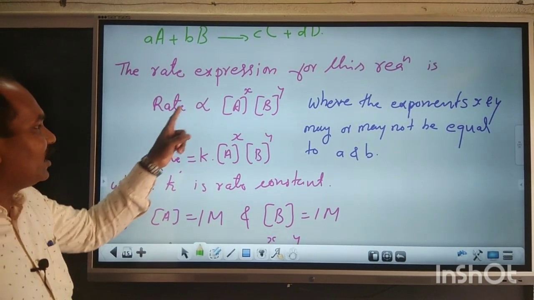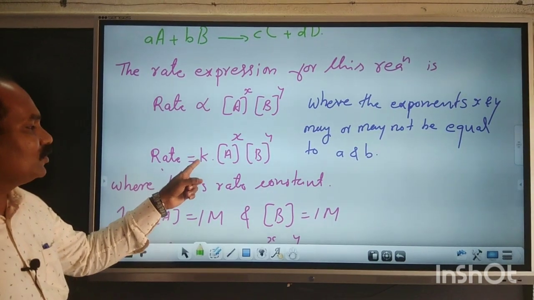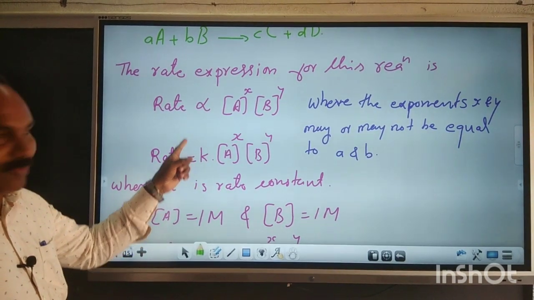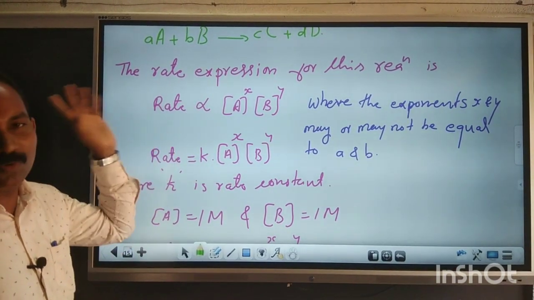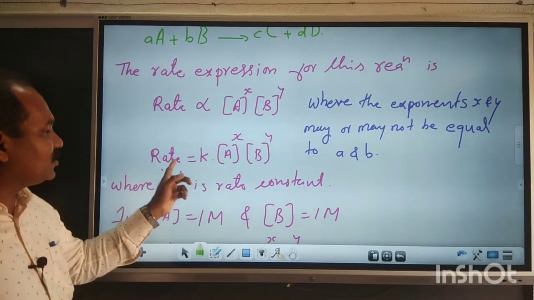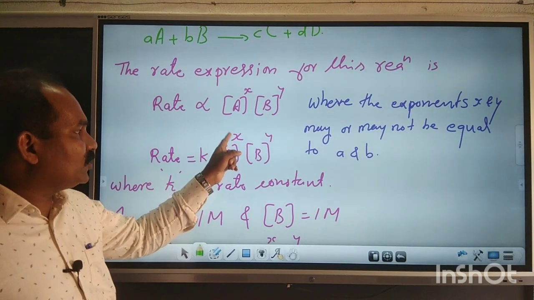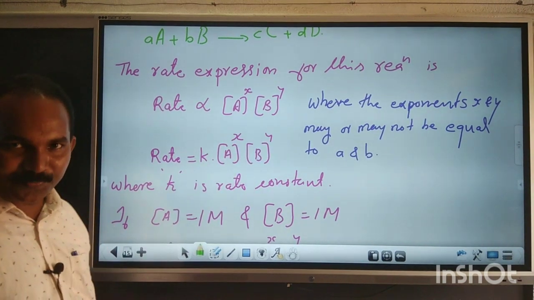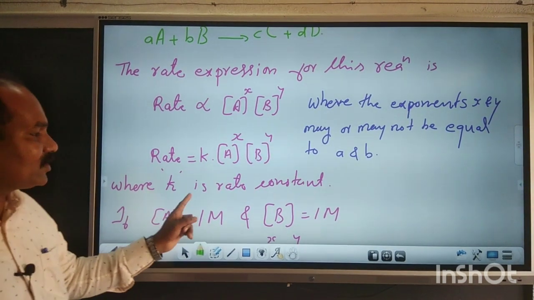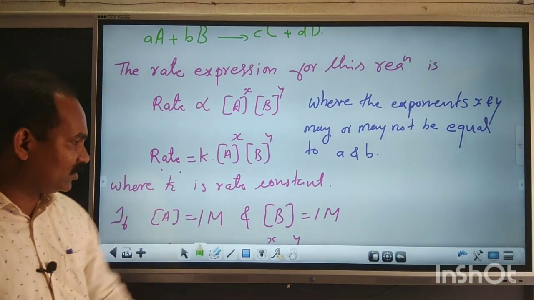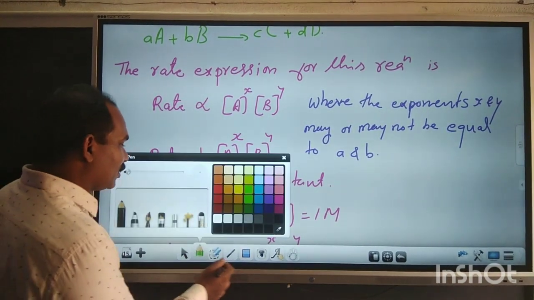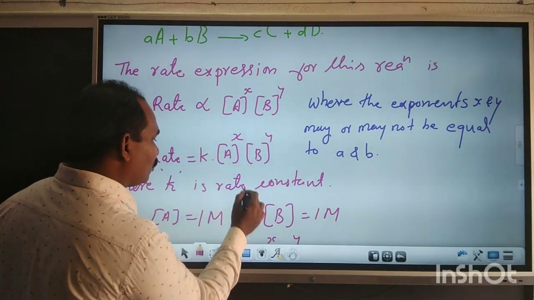Okay, so the proportionality is changed into an equality by bringing in a constant. Rate is equal to k into concentration of A raised to x, B raised to y, where k is known as the rate constant.